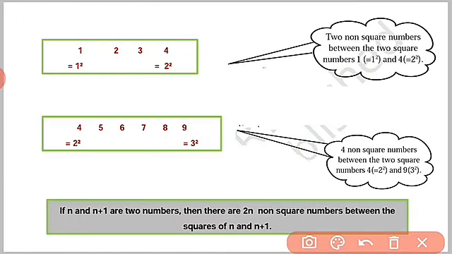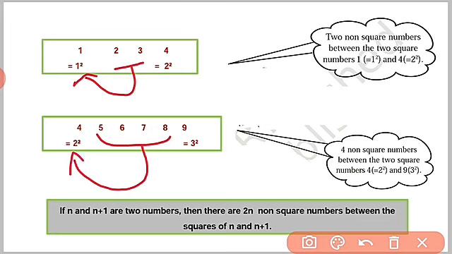See, between 1 and 4 there are 2. This is exactly 2 times this 1. And between 4 and 9 there are exactly 4 natural numbers, which is equal to twice this 2.